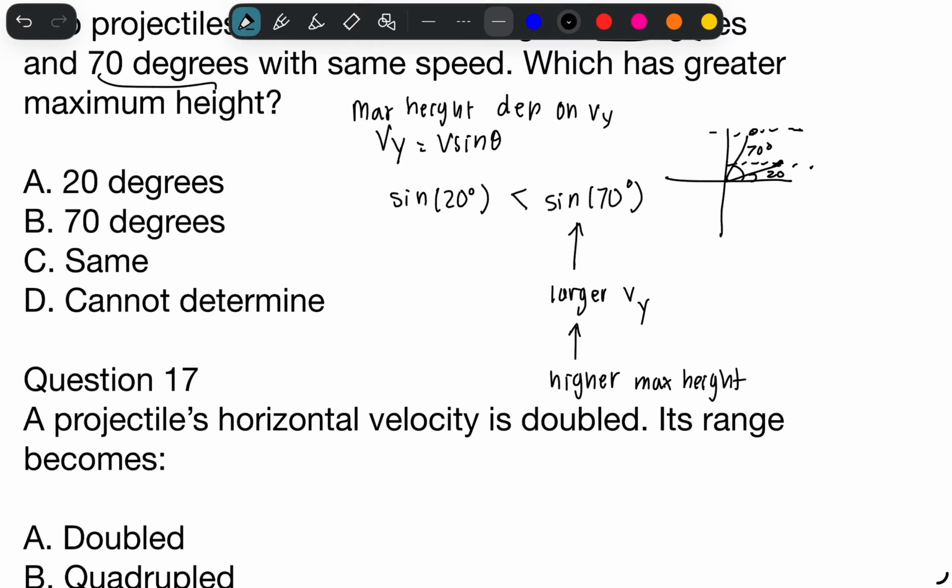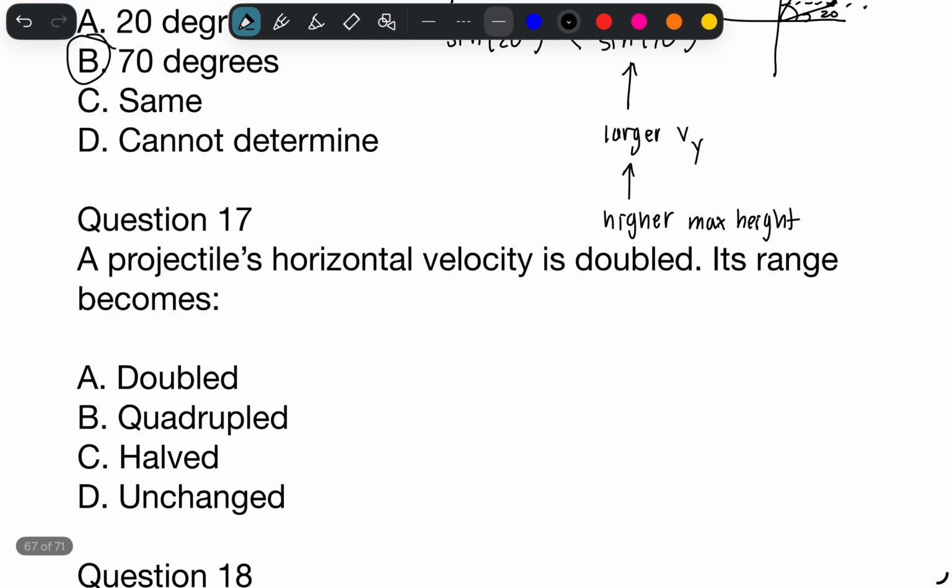So if you have sine of, for example, 90 degrees, which is 1, versus sine 0 degrees, which is going to be 0, obviously if you multiply by the 1, it's going to make the number larger. So your answer is going to be 70 degrees makes your max height larger.